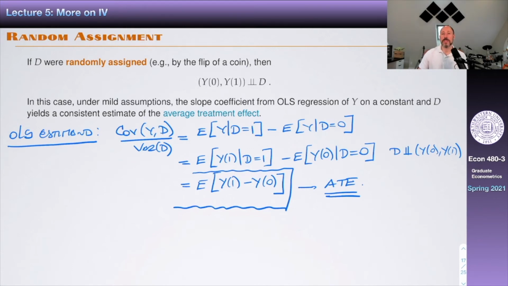So in other words, when the treatment is exogenous in this sense, then what OLS is estimating is precisely the average treatment effect.